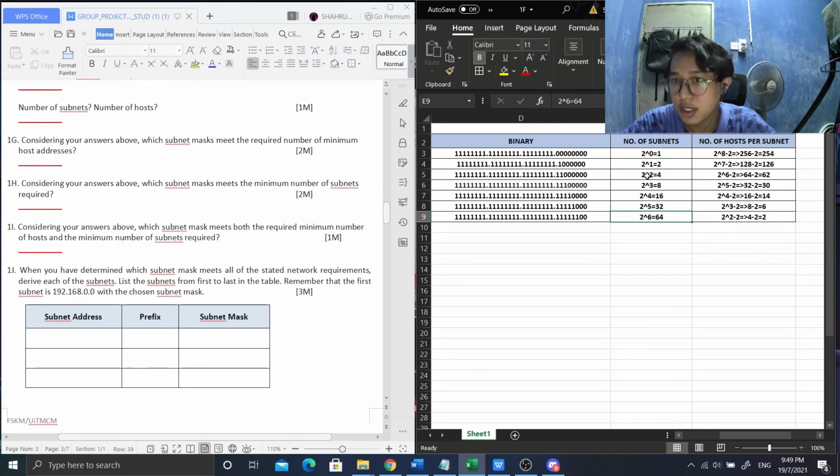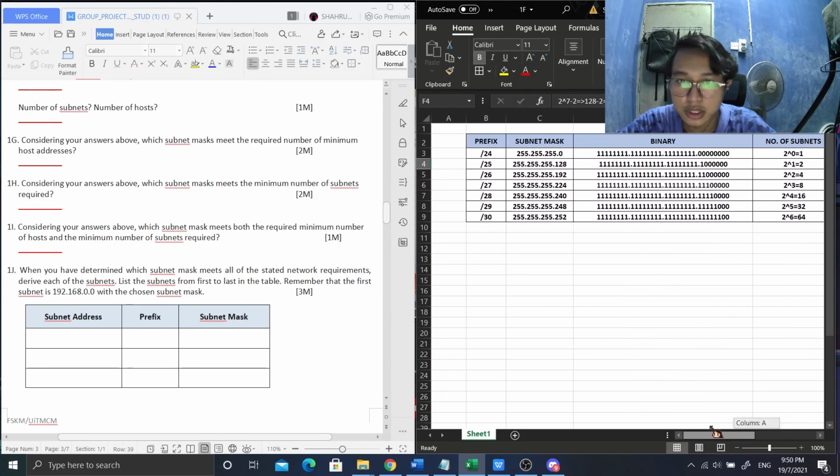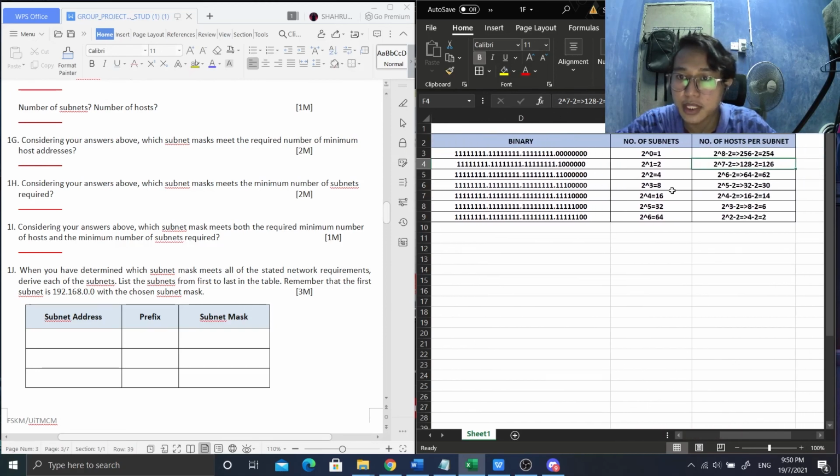But for the hosts per subnet, it has 126, so it fulfills the requirement. So we can see /26, the number of subnets is 4, so it fulfills the requirement for the minimum number of subnets. For the number of hosts per subnet, it has 62 hosts per subnet, so it fulfills the requirement.